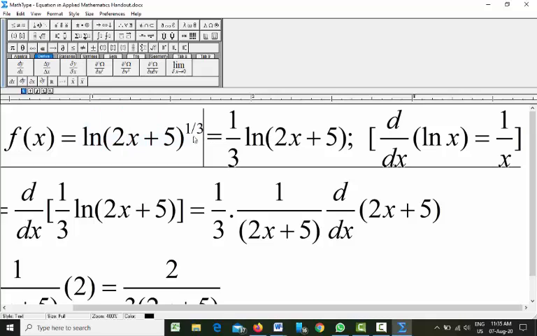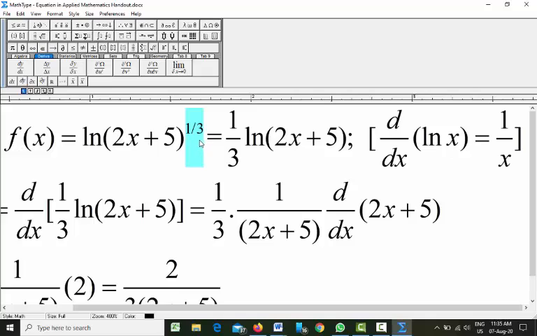So this 1 by 3 is the power in front of this log. This power 1/3 should move out and go behind this log, and we will not have any power there. We will have only ln twice x plus 5.